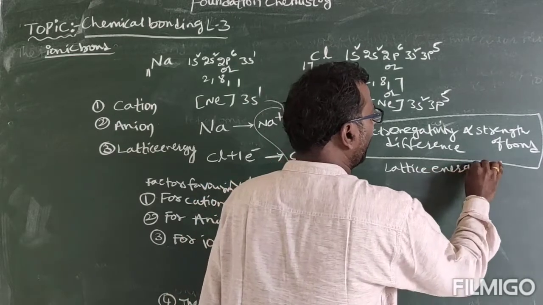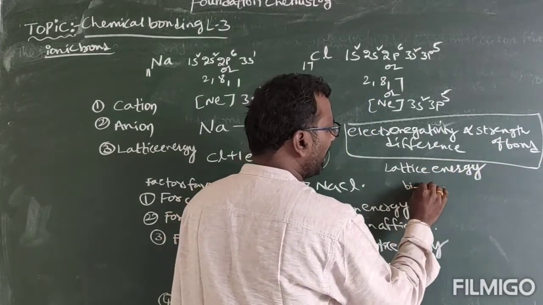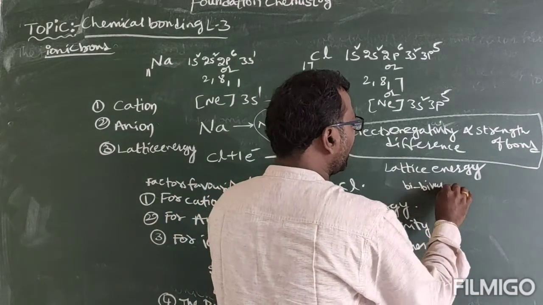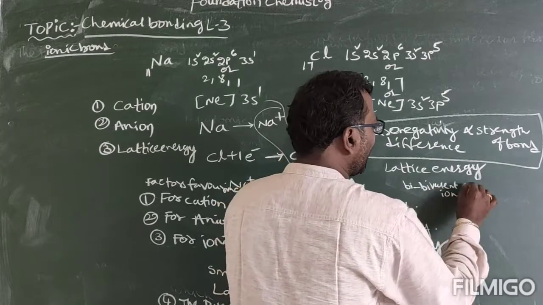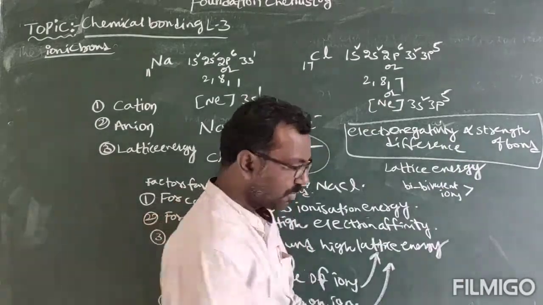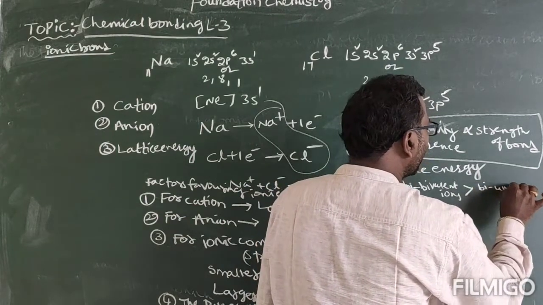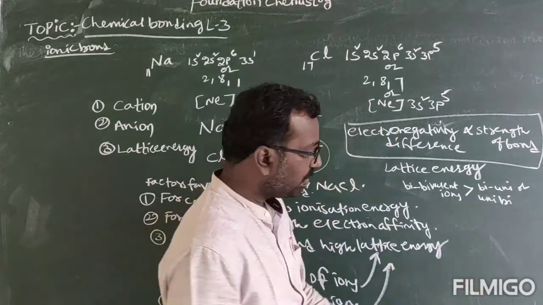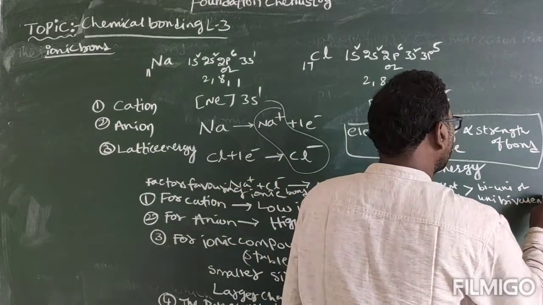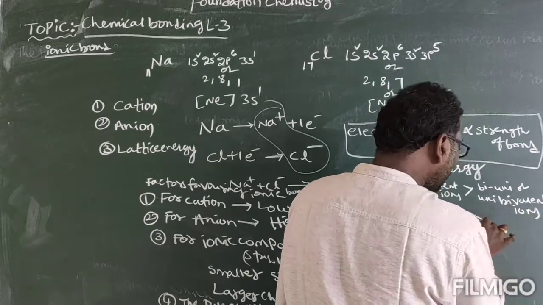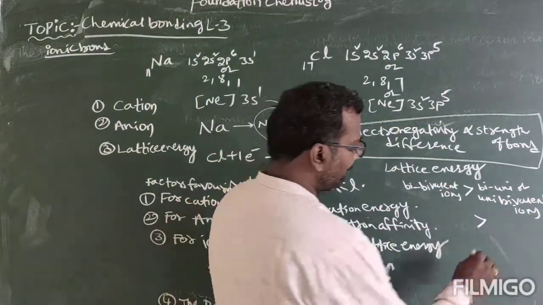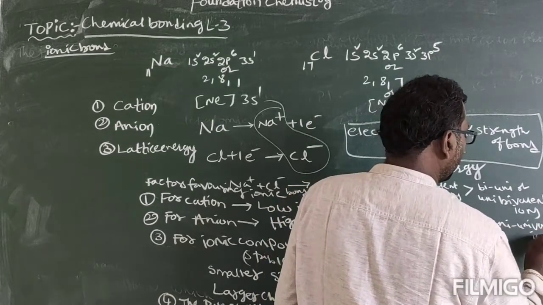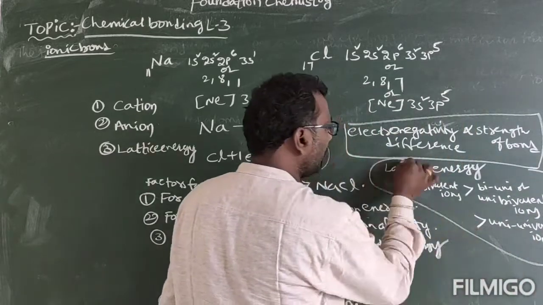See, I am writing the lattice energy order. Bivalent-bivalent ions is greater than bi-uni or uni-bivalent ions, which is greater than uni-uni. This is also important.